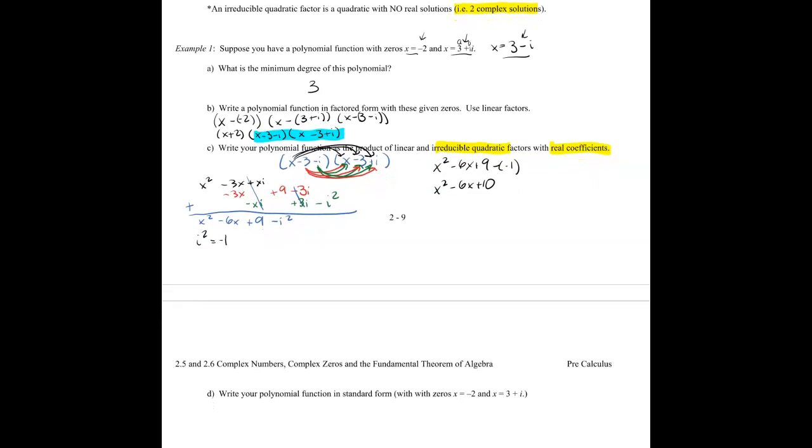Alright, and then part D on the next page says write your polynomial function in standard form with your zeros at x equals negative 2, x equals 3 plus i, and we know now that we have a factor of x equals 3 minus i as well.